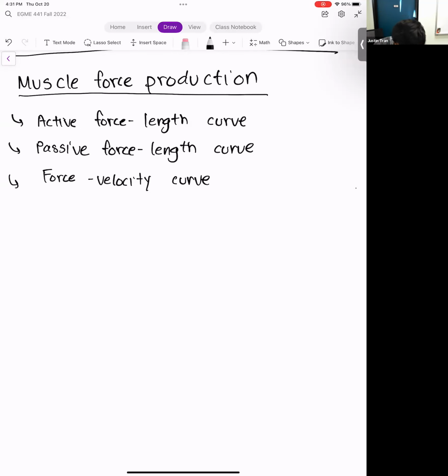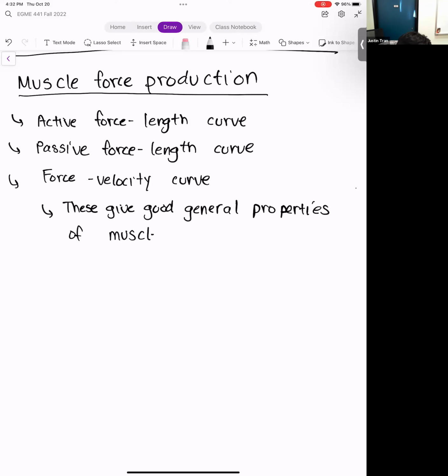What these curves do is give you a really good picture of the general properties of muscles overall, with the emphasis there on general.